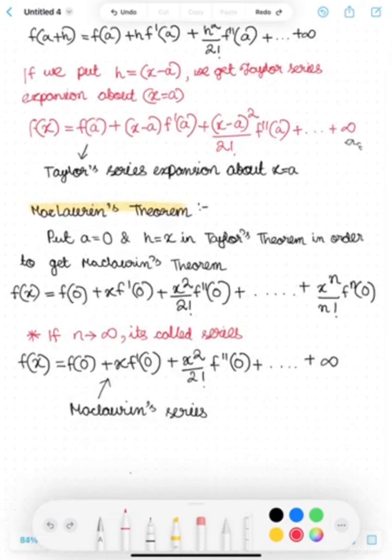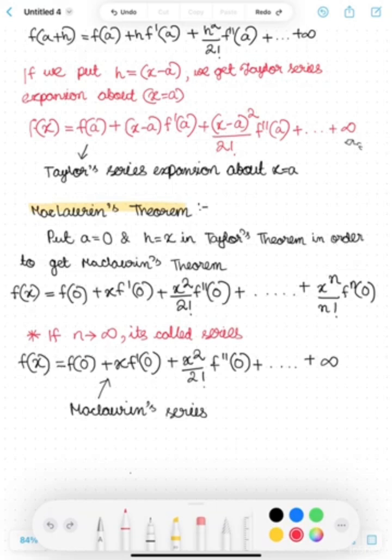Now, let us move towards Maclaurin's theorem. In the Taylor theorem, if I put a is equal to 0 and h is equal to x, we get the Maclaurin's theorem.